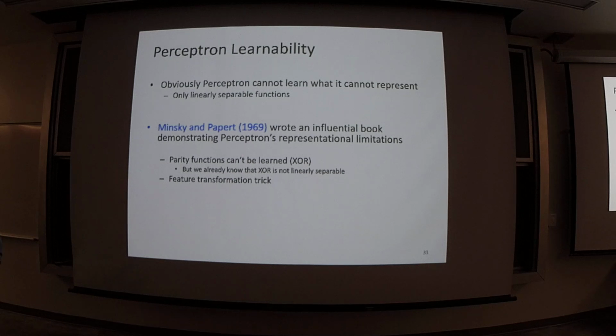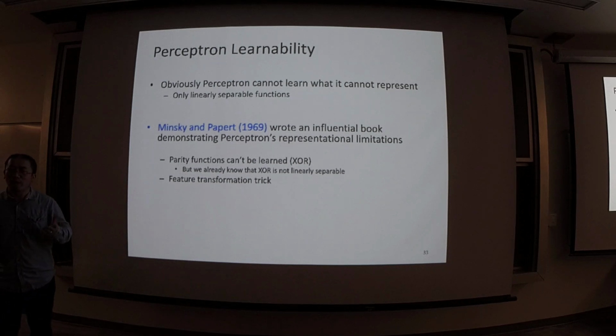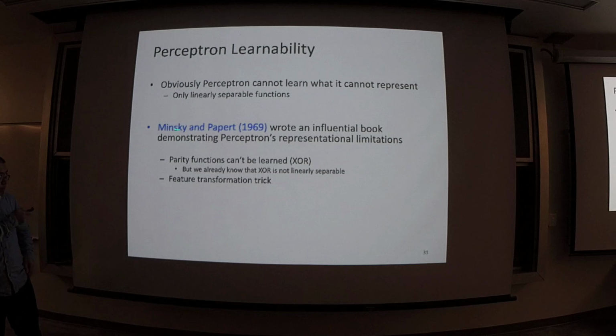The background is like that. Because of the hype mentioned before, when people developed the perceptron algorithm, many outsiders believed that artificial intelligence was approaching human beings, and then these authors wrote a book and told us it's not possible. Why? Because parity functions cannot be learned. The XOR function, we actually mentioned that before.